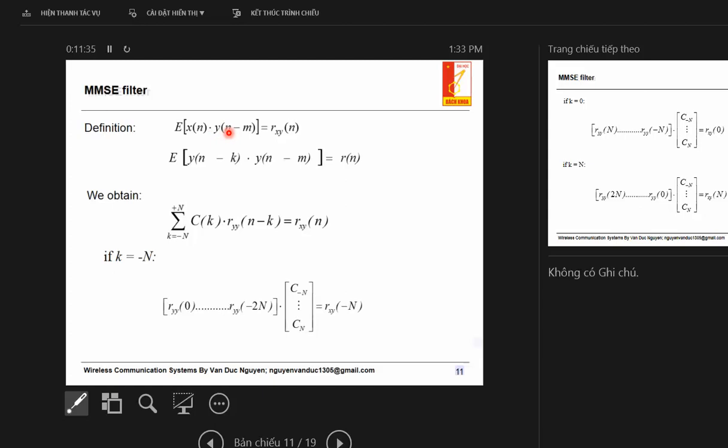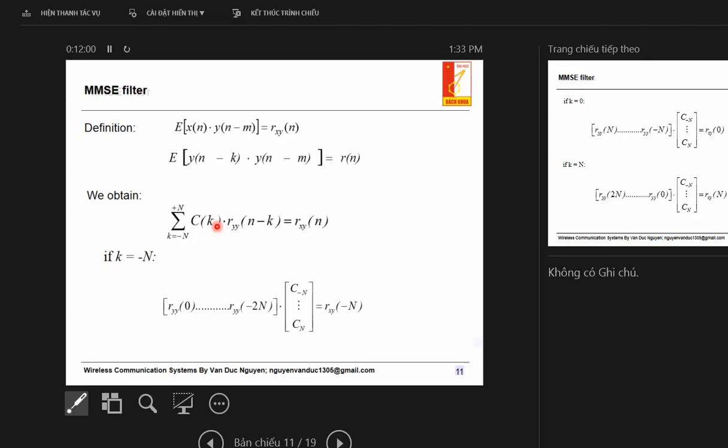And next we can define the autocorrelation function, that is the expectation of the receiver signal with itself. And then we obtain the following relation with the new definition.